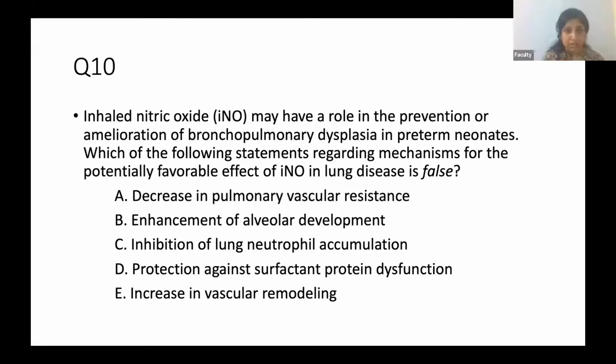E, ma'am, the last, increase in vascular remodeling. Good. The rest are what nitric oxide does, and it helps the baby's lung. But if you increase the vascular remodeling, it is going to have the opposite effect, worsening, right?